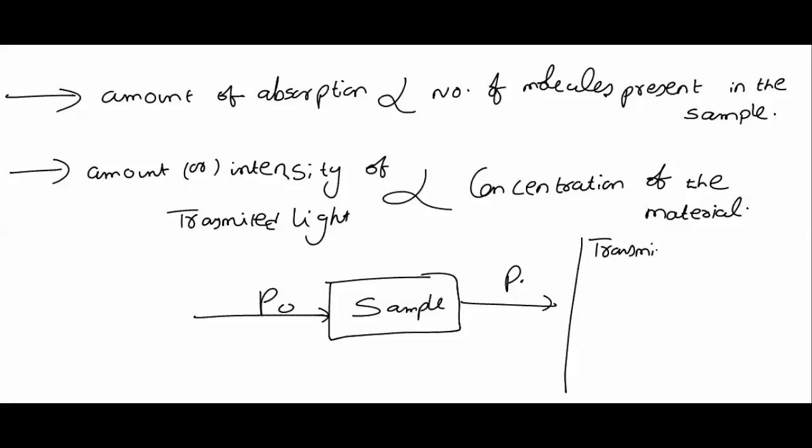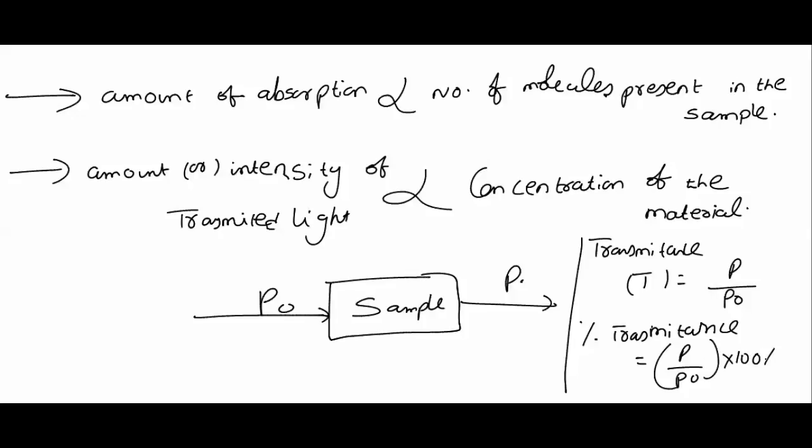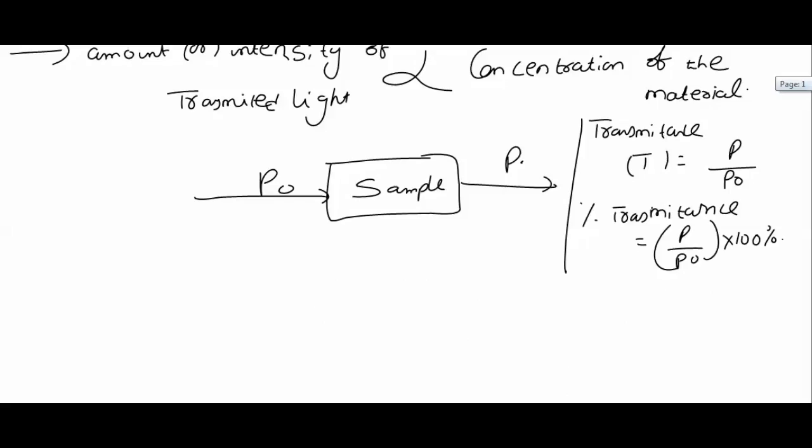The transmittance T is equal to P by P naught, and the percentage of transmittance is equal to P by P naught into 100%.